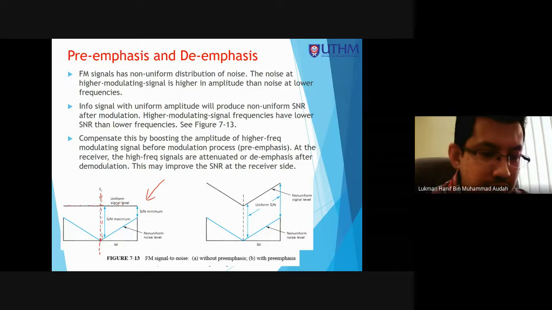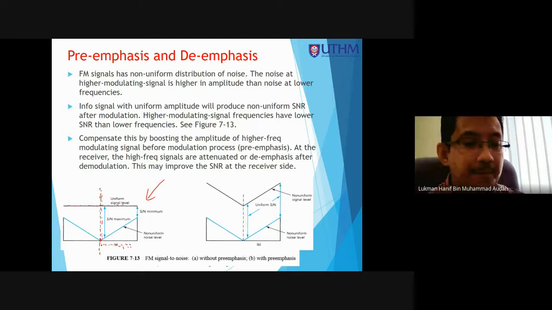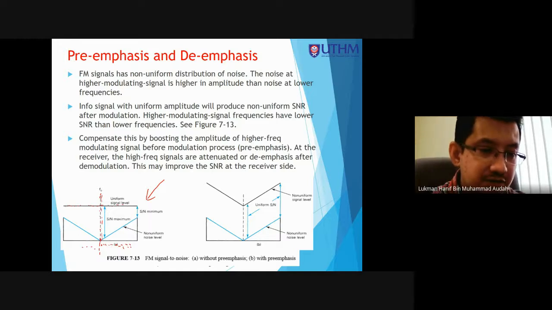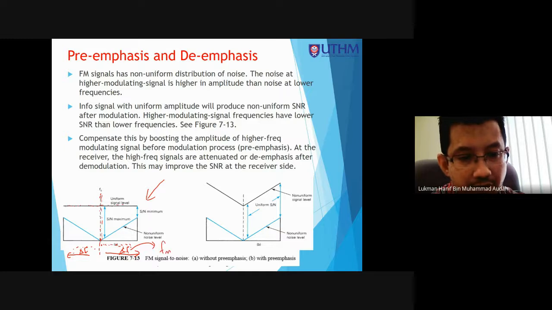Bermakna perubahan itu bergantung juga kepada nilai Fm ataupun modulating frequencies. So this delta F is depending on the value of Fm.